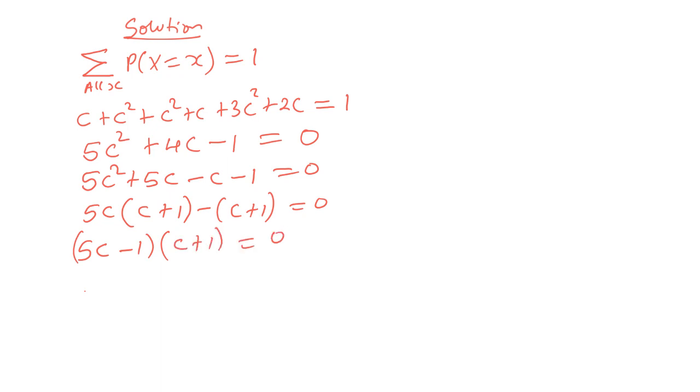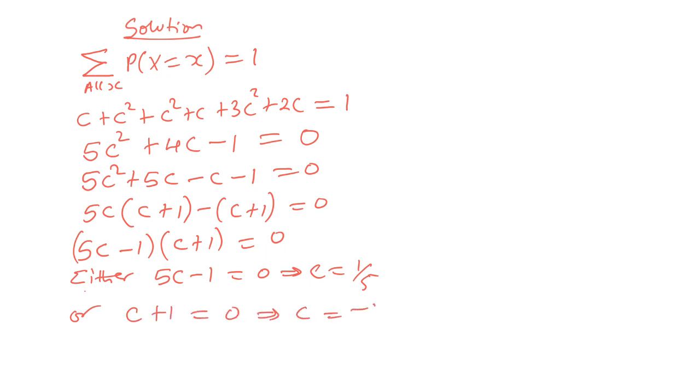If you have a product of two factors and it is 0, either of the factors is 0, but you can't tell which. So we start with 5C minus 1 equal to 0, implying that C is equal to 1 over 5, or C plus 1 equal to 0, and this will mean that C is negative 1.